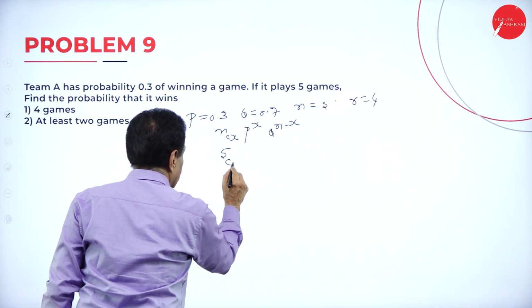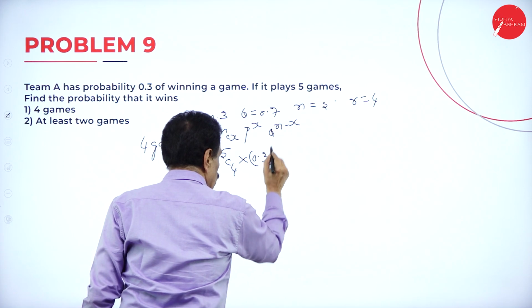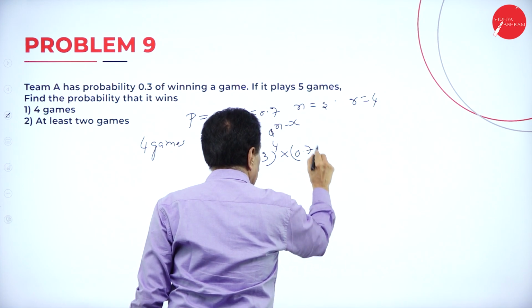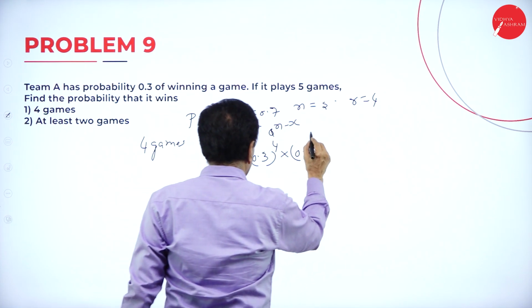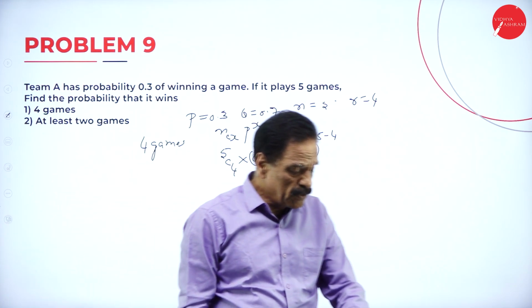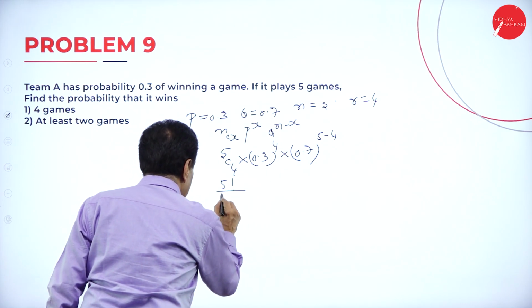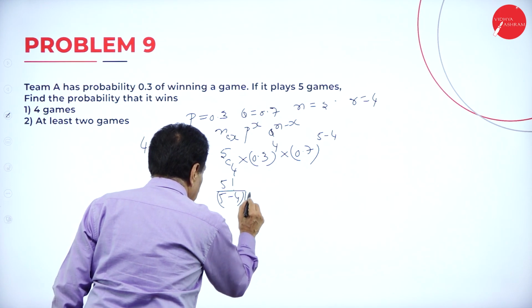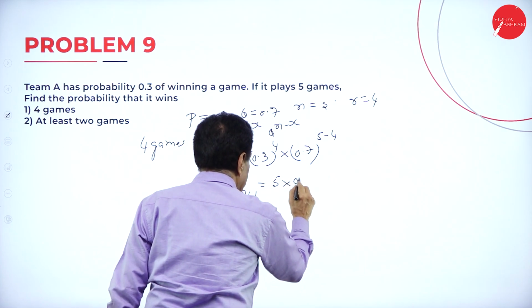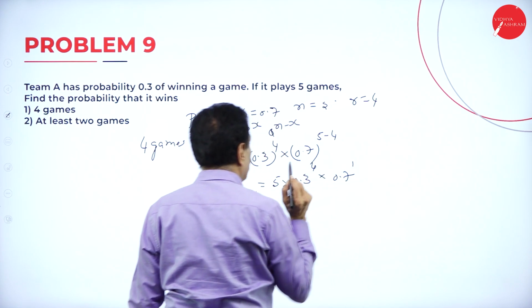So totally 5C4. What's your P? 0.3 to the power of 4. Q is 0.7 to the power of the number of terms 5 minus 4 selection. r is selection. 5C4 is 5 factorial over 5 minus 4 factorial into 4 factorial. That's equal to 5 into 0.3 to the power of 4 into 0.7 to the power of 1.